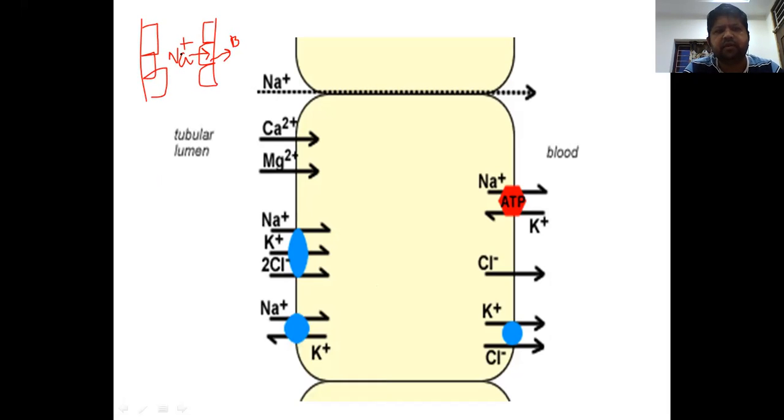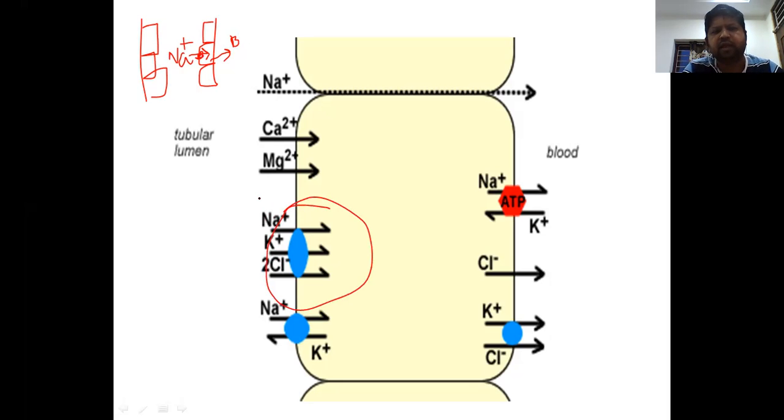Sodium will be reabsorbed into the epithelial cell of the thick ascending limb of the loop of Henle, then into the blood. Here, the dot I am showing, you have the sodium potassium chloride co-transporter.